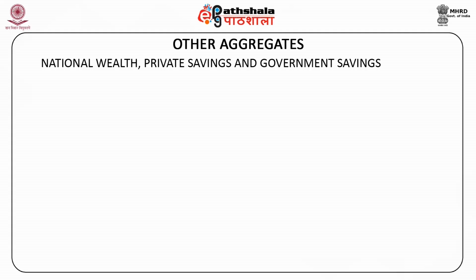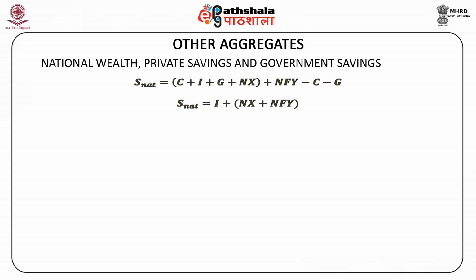This gives us national savings is equal to C plus I plus G plus NX plus NFY minus C minus G, that is I plus (NX plus NFY).